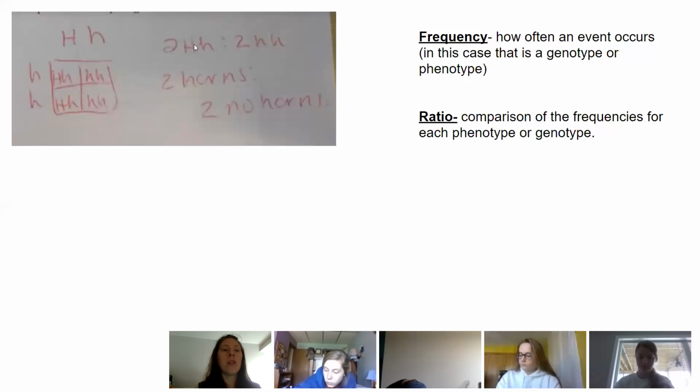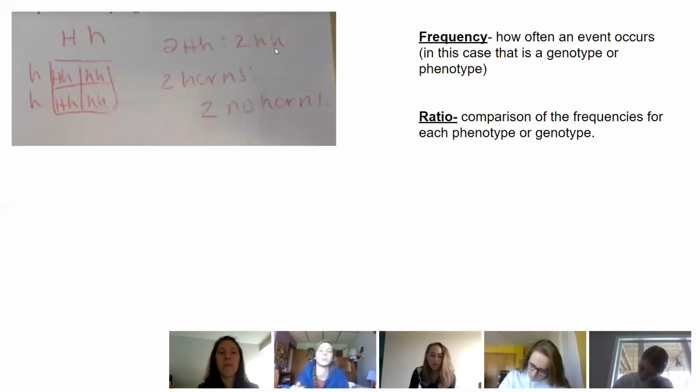So 2 big H, little h, and then I've got my colon and 2 little h, little h. So that would be the genotype ratio. I've got 2 heterozygous for every 2 homozygous recessive. And then my phenotype ratio would be 2 horns, because that's what the big H, little h gives me, to 2 no horns, which is what little h gives me.